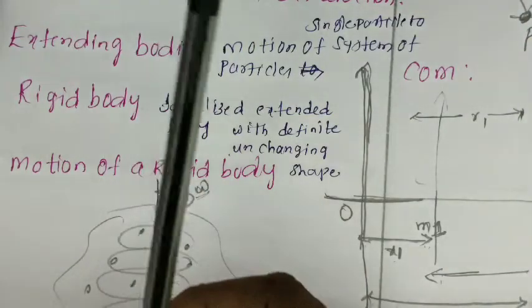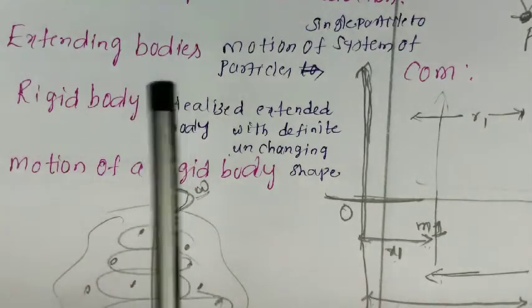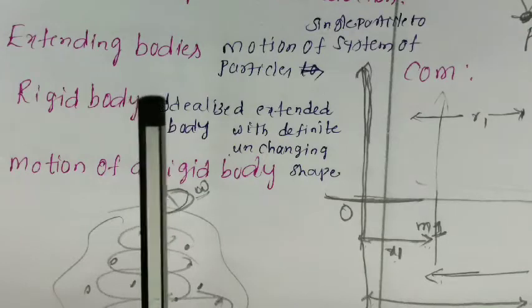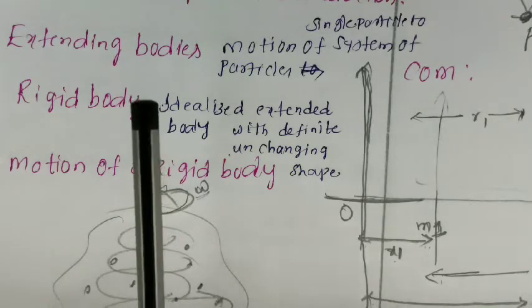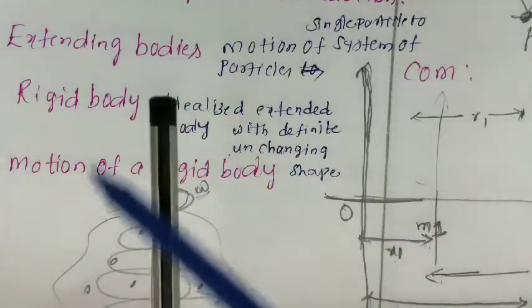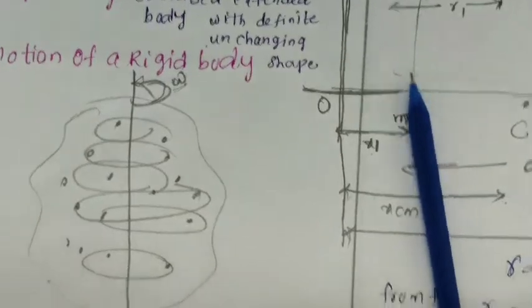Now if this rigid body is moving like this, what will happen? This is also a rigid body, and there will be a number of particles in it. How those particles behave, we are going to study.